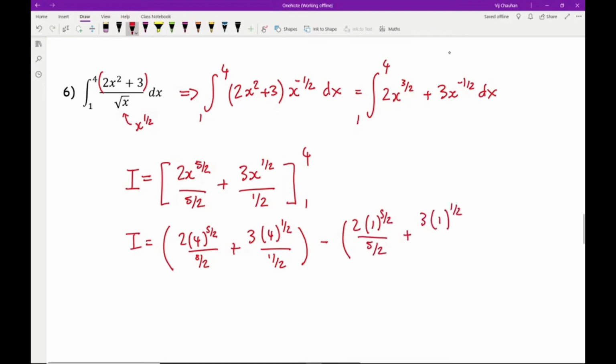Let's just get rid of that bracket, not that it makes a difference. Over a half. And if I then go on to type that all into my calculator, which I'm going to do right now.